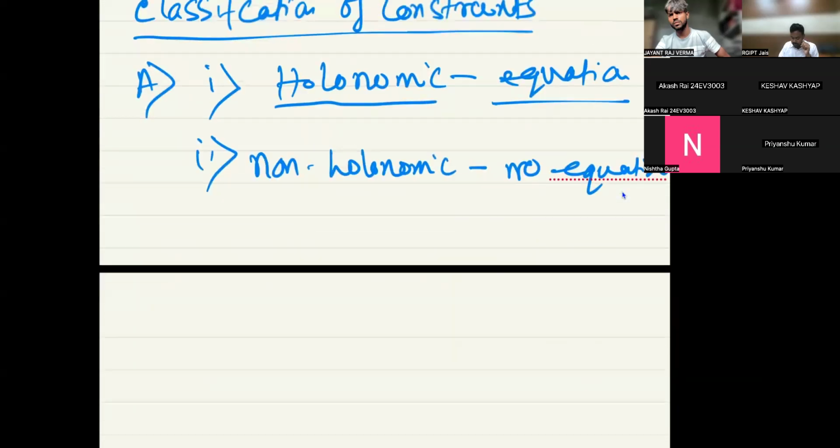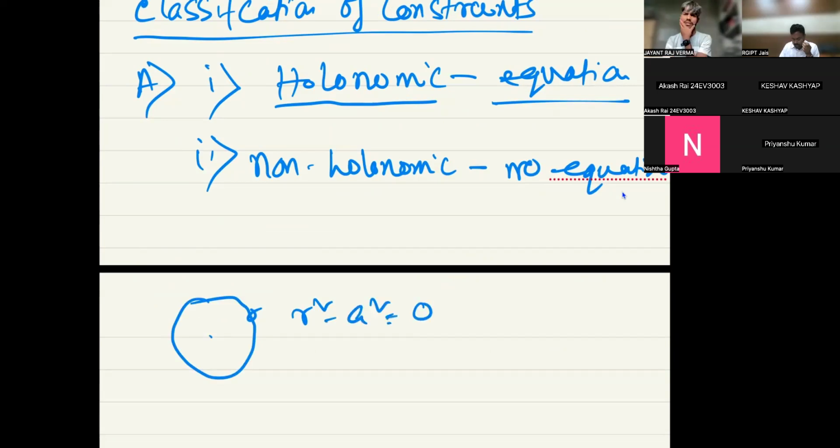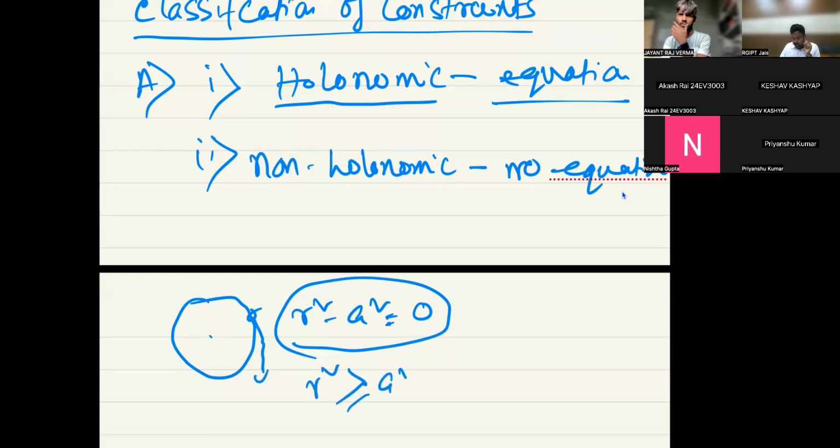For example, this case of the sphere that I told you. If you can tell this is r square minus a square equal to 0, so this is an equation. You put this restriction, so this will be a holonomic constraint. But if you tell that this particle can also fall from the surface, then the relation is r square greater than or equal to a square.